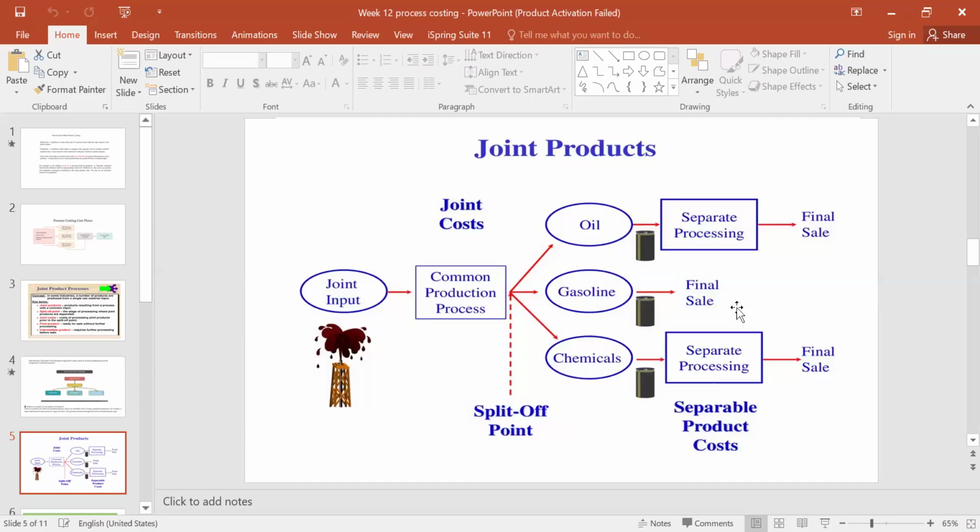Before the final sale, you try to process the product, and the effort you give to finish your product or to make it attractive, this related cost is called further process cost. So this is a very good example of joint cost, joint product, and split-off point.